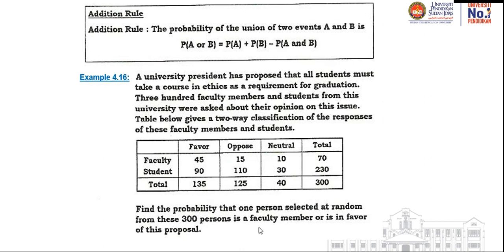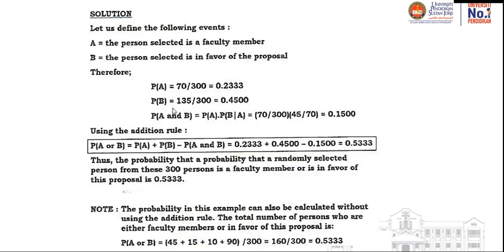In order to find it, look at the data: the probability of faculty or favor is the probability of faculty plus the probability of favor minus the probability of faculty and favor. That is how you represent example 16 in the addition rule.